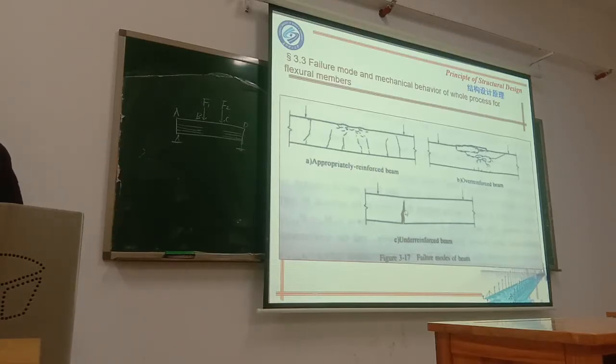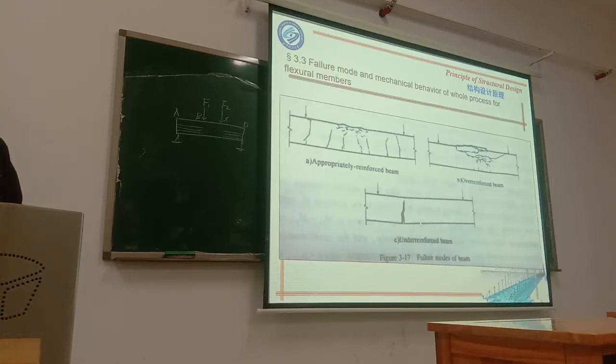So what happens? It just suddenly breaks down. That means the capacity to resist the tensile force is very low, because inside you have too little reinforcement, or even none.